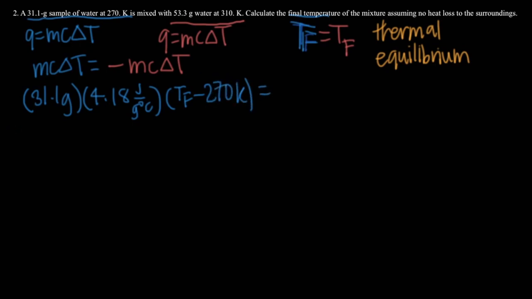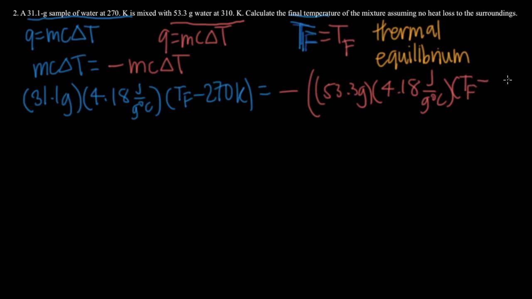And this is equal to negative mcΔT, which is negative 53.3 grams times 4.18 times the final temperature we're trying to find minus 310 Kelvin.